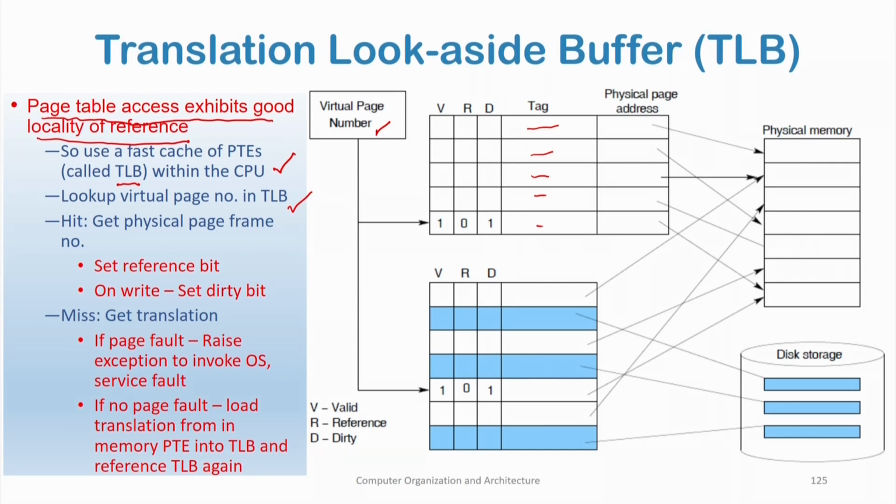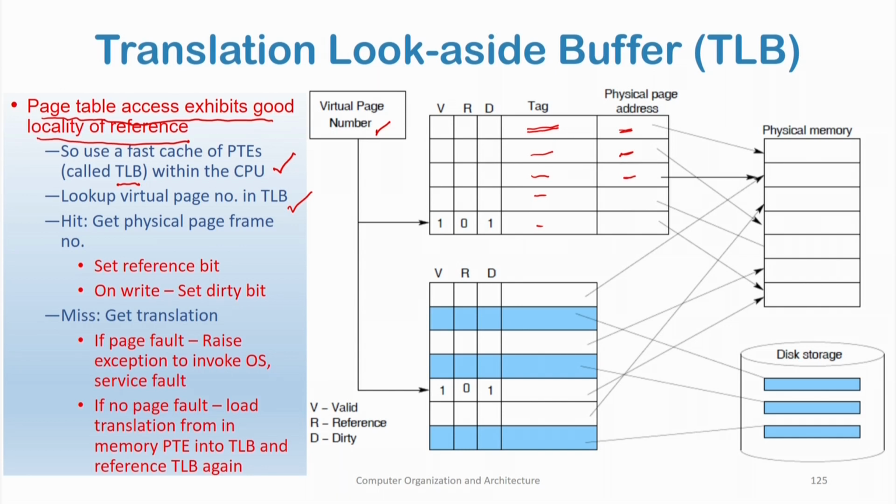So, we look up the virtual page number in the TLB. If I get a match with the tag, I get the corresponding physical page number from the data part of this TLB. So, the tag part of the TLB contains the virtual page number, and the data part of this TLB contains the corresponding physical page number.